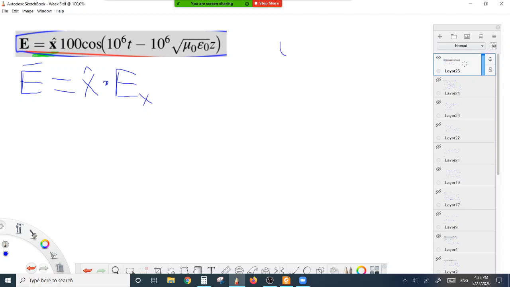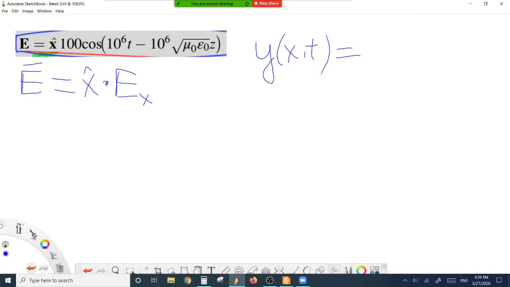The general solution of our wave equation was y(x,t) equals g(x minus vt) plus f(x plus vt).